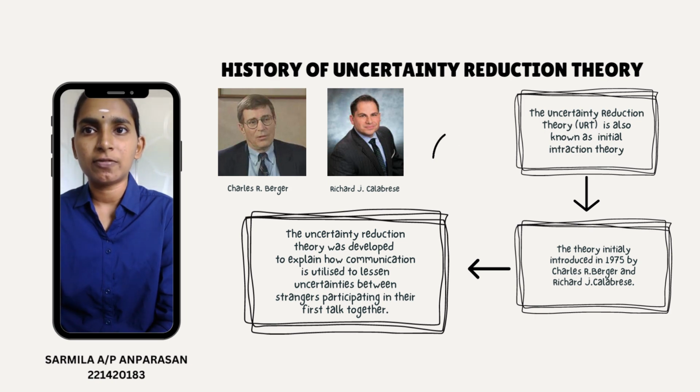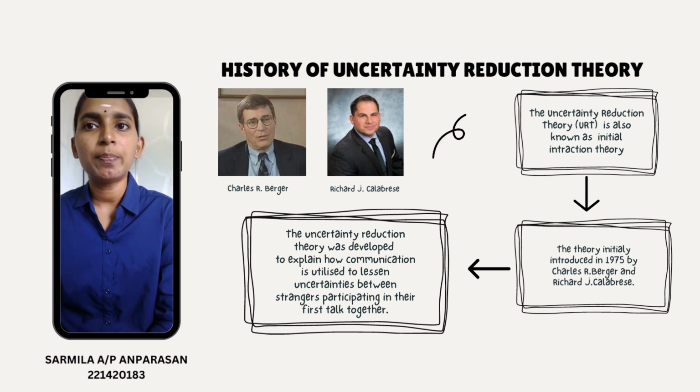The theory was developed to explain how communication is utilized to lessen uncertainties between strangers participating in their first talk together. Additionally, social psychology theories had produced several hypotheses. However, Berger and Calabrese were driven to develop hypotheses that directly related to communication behavior, since interpersonal communication processes were not given much attention.